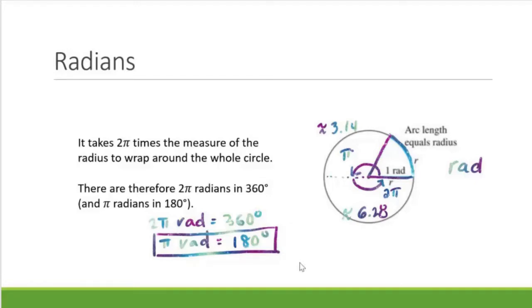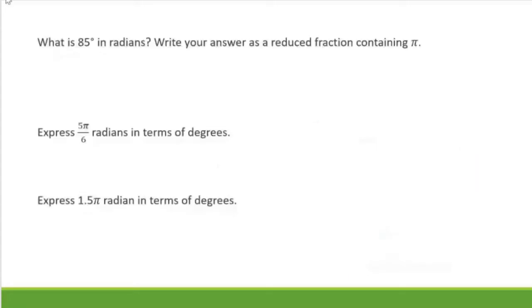Since pi radians is equal to 180 degrees, pi radians divided by 180 degrees is equal to 180 degrees divided by pi radians, and both of these are equal to 1. So we can use either of these fractions, of these ratios, as a conversion factor. Let's see how that's done.